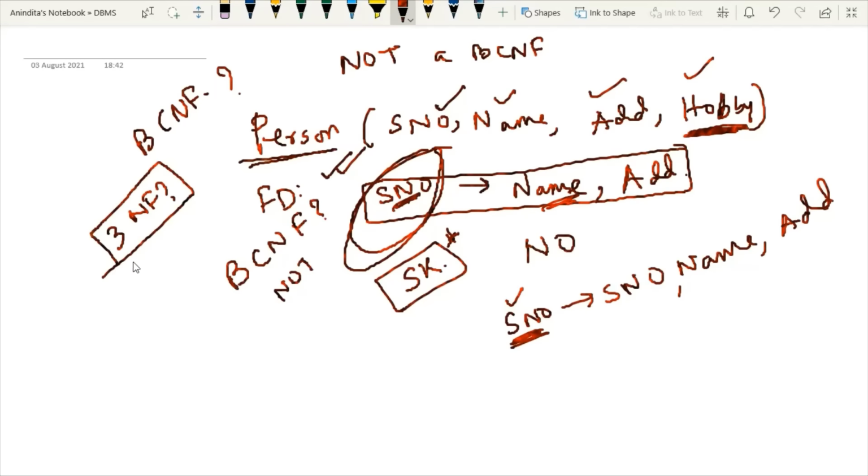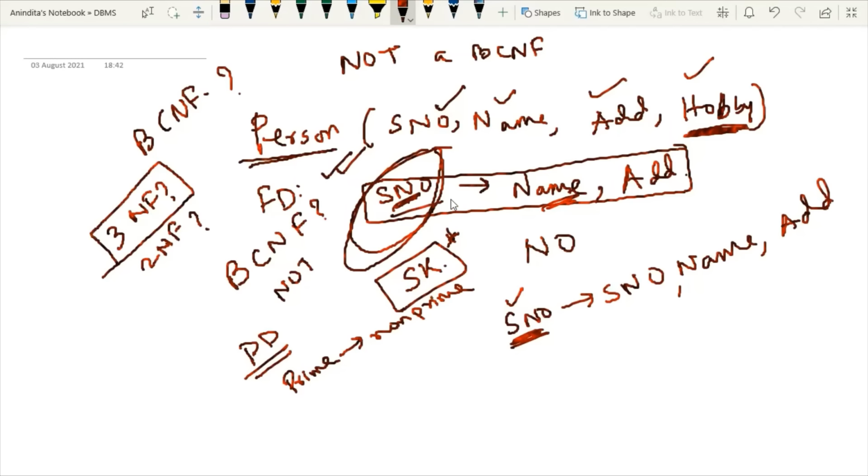So now can we check for 2NF? Is it in 2NF? How can we prove that? We have to prove whether partial dependency exists or not. How to check partial dependency? If a subset of the key attribute can find any non-prime attribute. So which one is the key?